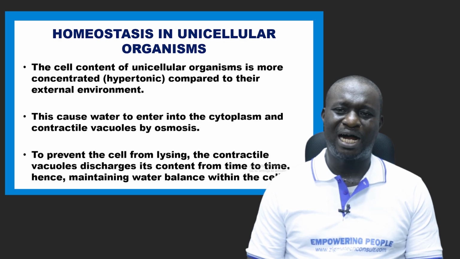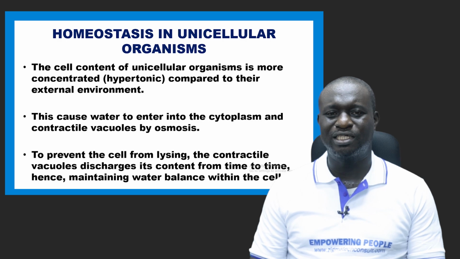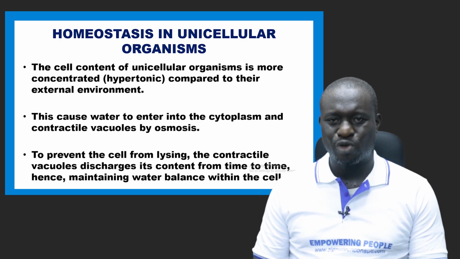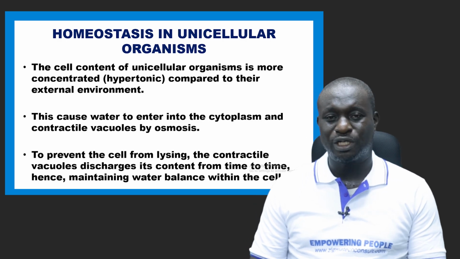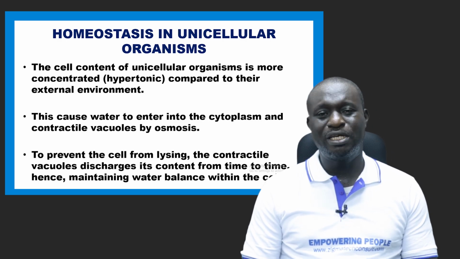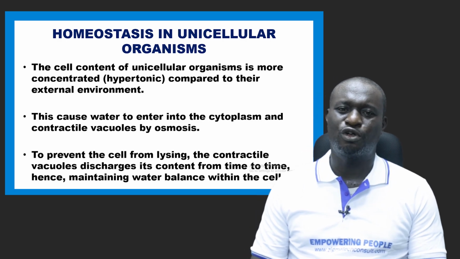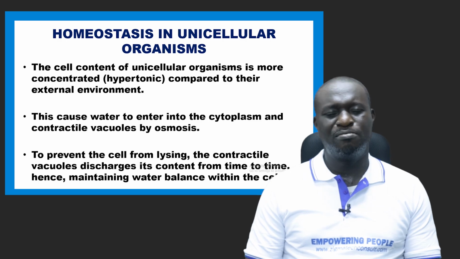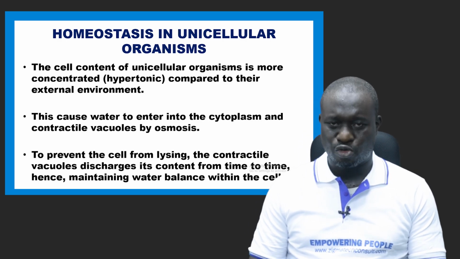So this is how unicellular organisms carry out homeostasis or osmoregulation. In some books, you will see it as osmoregulation in unicellular organisms. So please also take note that the major function of the contractile vacuoles in most unicellular organisms is for osmoregulation.